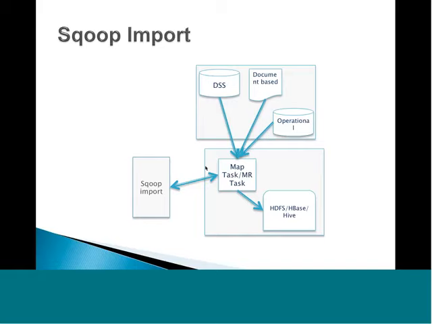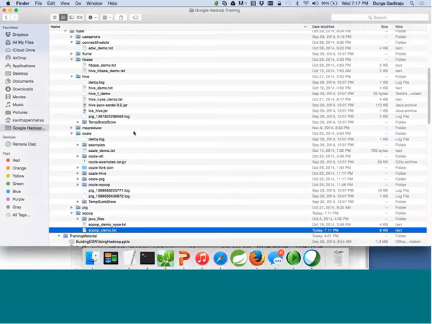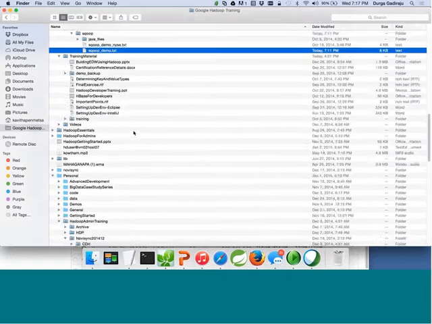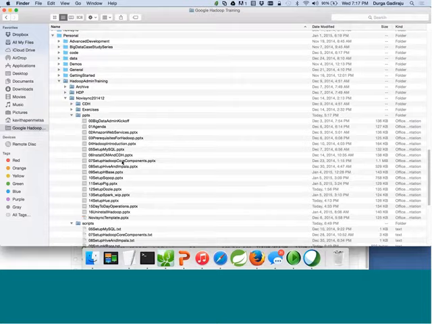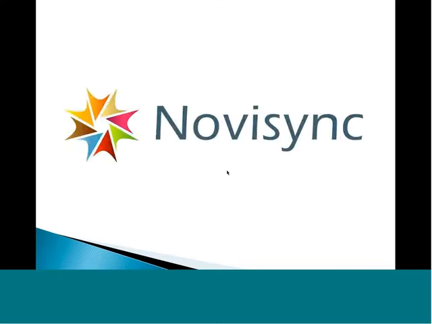Okay, so at the higher level, there are two main commands in sqoop. One is import. Import will actually copy the data. Yeah, so that is the first thing which I have explained. If you have followed, I started with this presentation, Hadoop introduction.